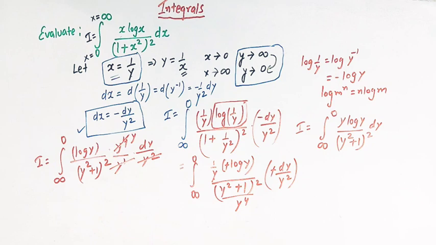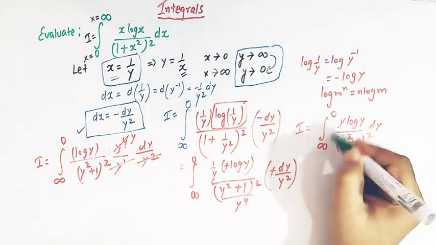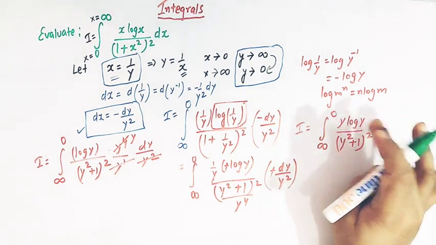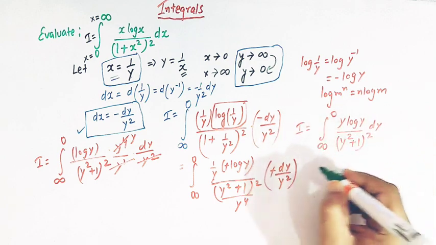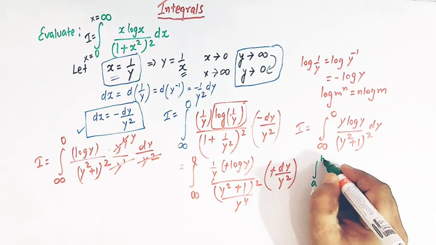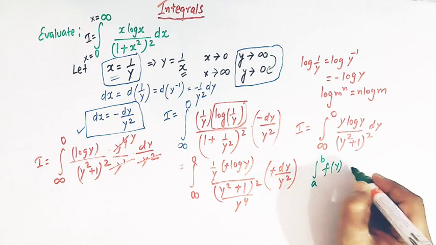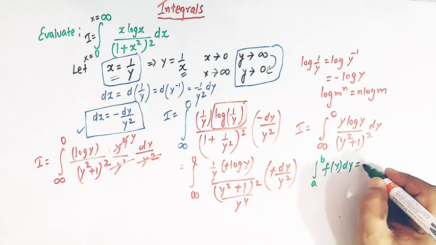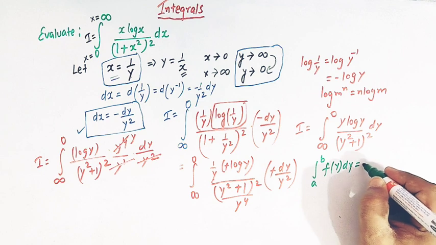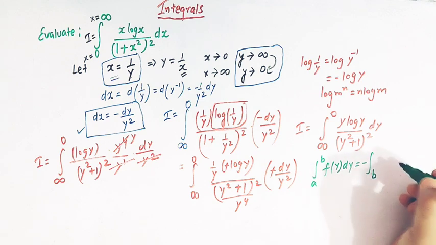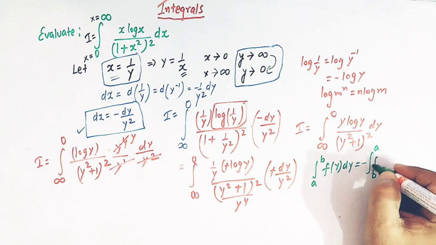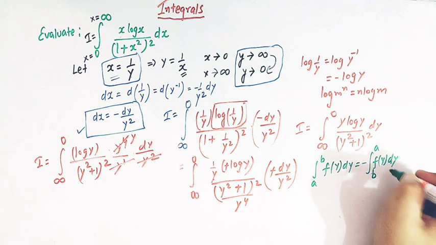Now we have one important property of definite integrals, which says that if we interchange the limits, then the value of the integral becomes negative, right? So if we have a to b, say f of y dy, then we can interchange the limits, keeping a negative sign in front of the integral. So we have b to a and f of y dy, right?